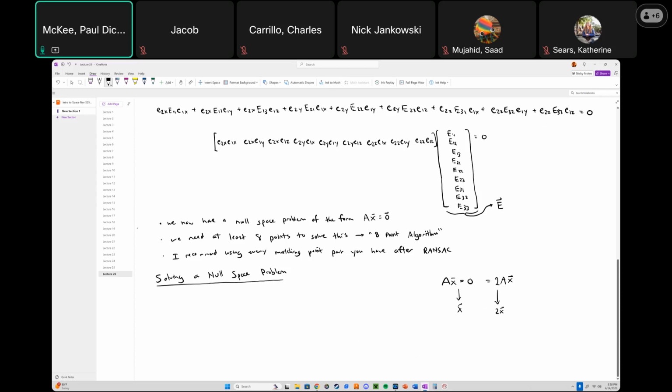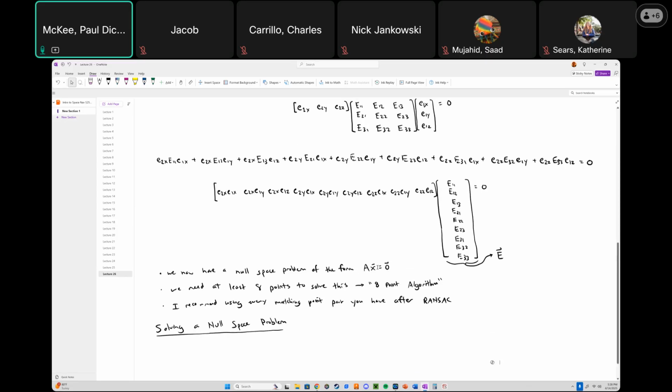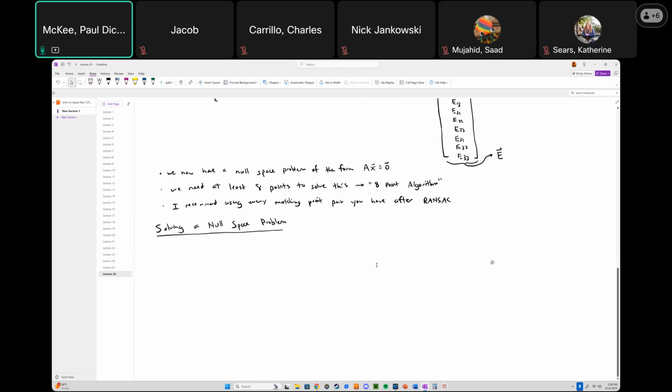You're going to end up finding X to an unknown scale, and that's just what you got. You can force X to be a unit vector. You can apply any other constraints you want, but ultimately you are imposing that constraint, not physics, right? Because we have a null space problem, we've lost our overall scale to the problem, which ultimately means that when we're solving for our rotation and our translation, we can find the rotation just fine. It's the translation that we're going to lose distance information.